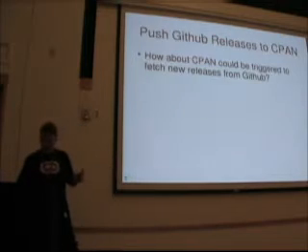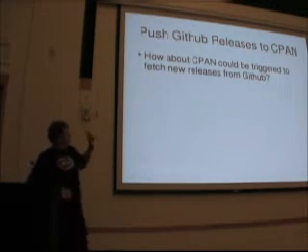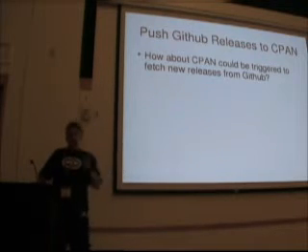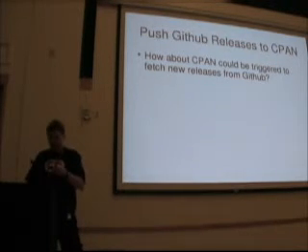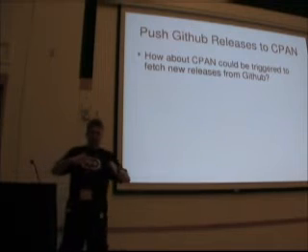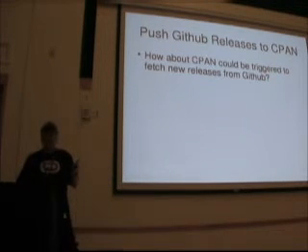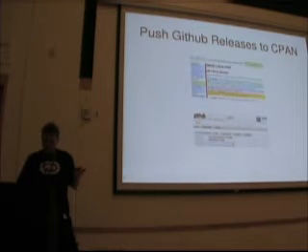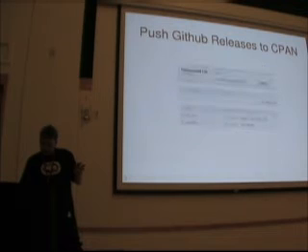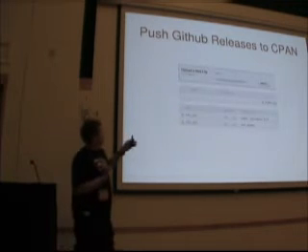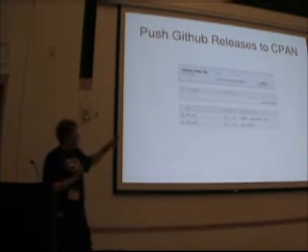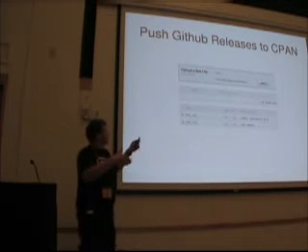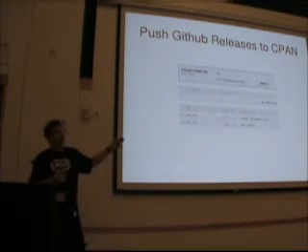And one final thing, how could we cause CPAN to pull stuff from GitHub? Like, I check in my latest fix, and I want this to be released on CPAN, and it turns out that GitHub, whenever I put a tag into Git and push it to GitHub, creates a tarball with that tag.